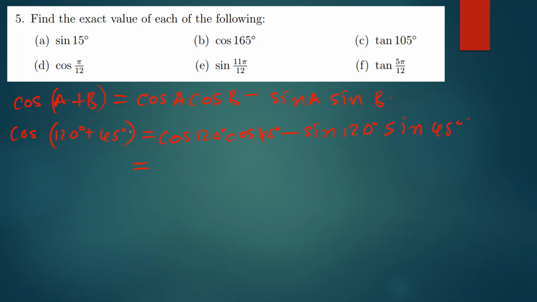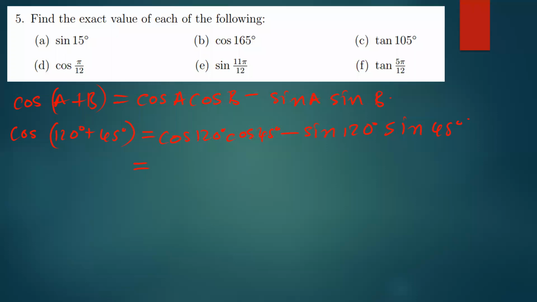Do you want to give me the value for cos 120 from the table of special angles? We never had 120 there, but from what we learned in the last lesson, I think we learned how to find the value for that. Remember what I told you.